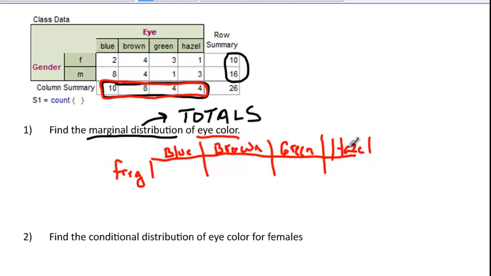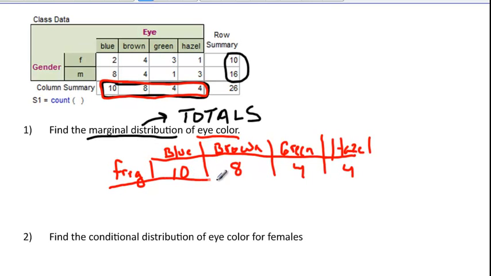I can find the frequency of these colors easily just by copying the numbers that appear in my contingency table. We have 10 students with blue, 8 with brown, 4 with green, and 4 with hazel.